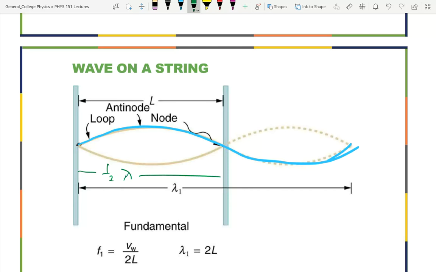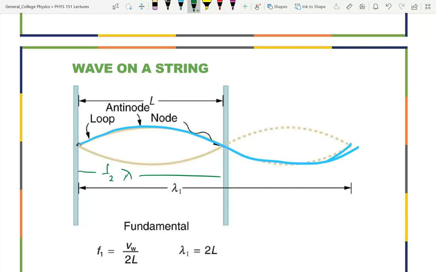So my required situation of having a node on each end means that I can have a standing wave if I have the separation between the two end holders is 1/2 a wavelength.